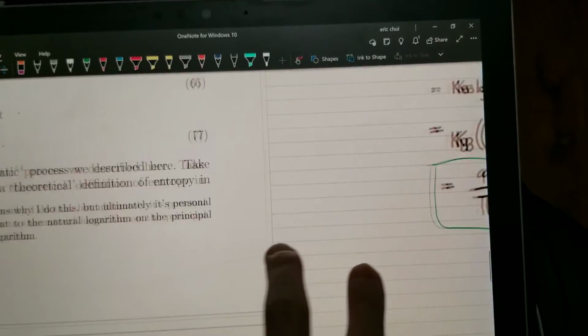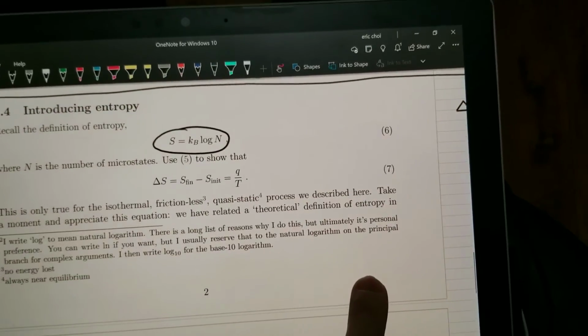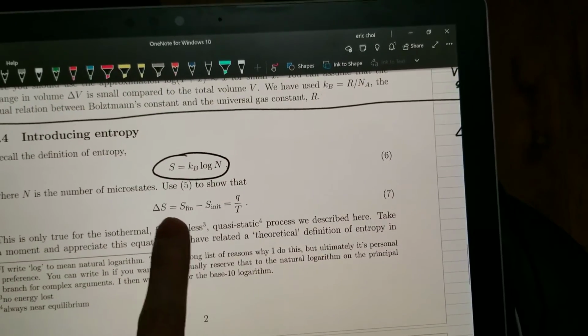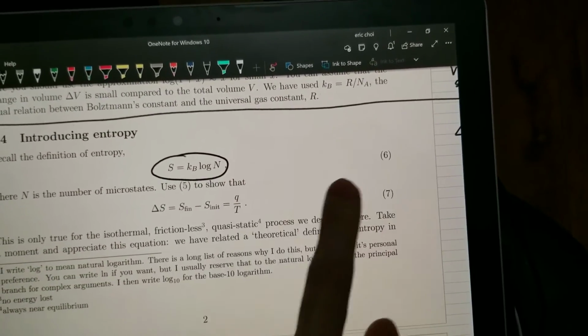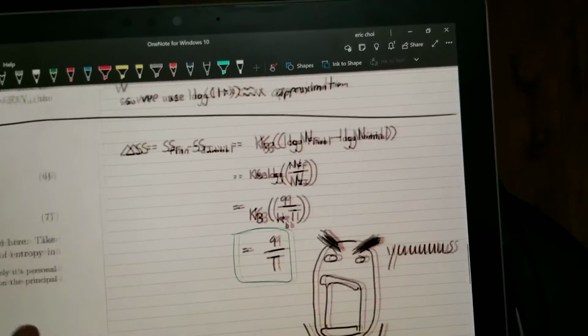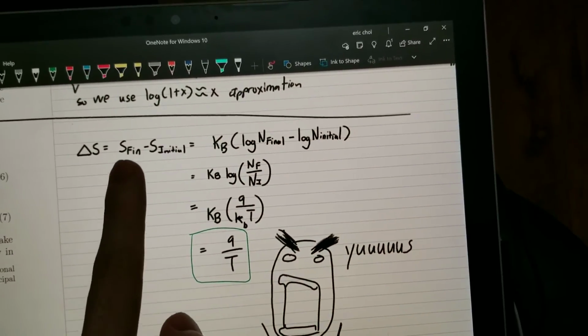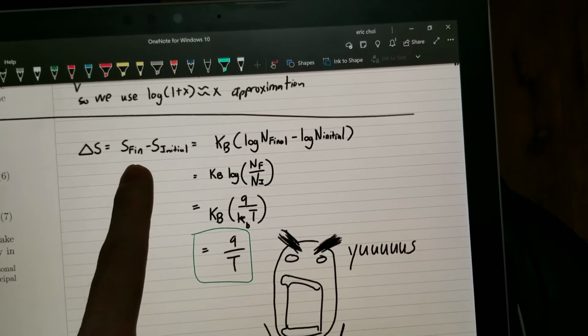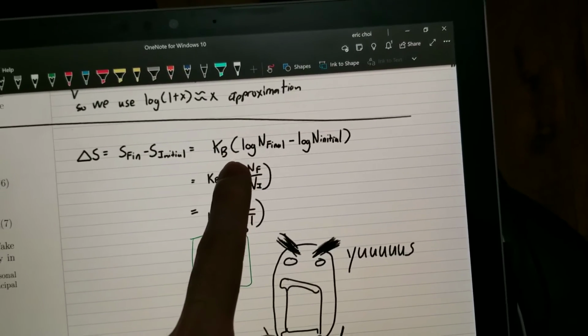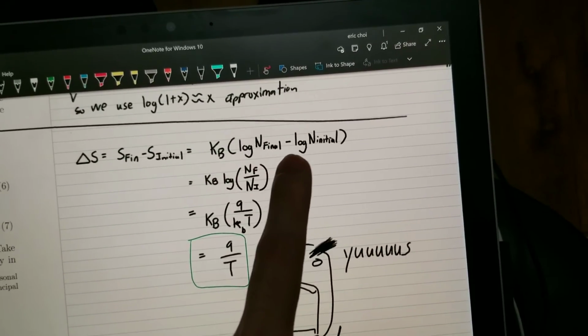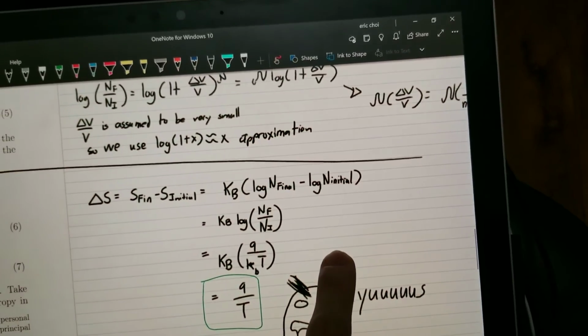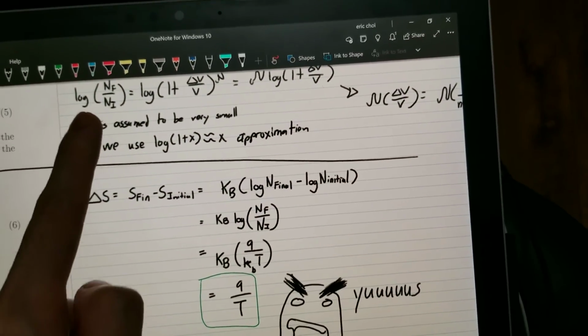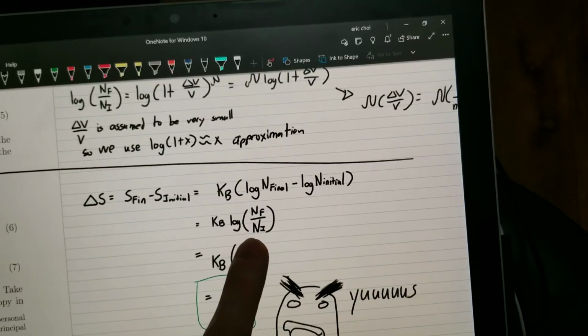Now, after all of that, at the very end, using equation 7 and equation 6 and all the steps that we had before, we can finally plug and chug: S final minus S initial is equal to Boltzmann constant times log n final minus log n initial, which we know from our previous problem right here. It looks kind of familiar.